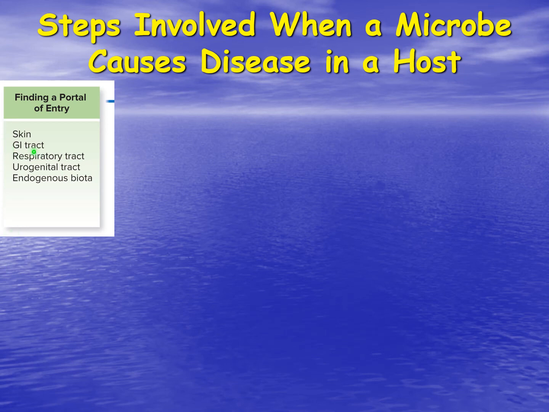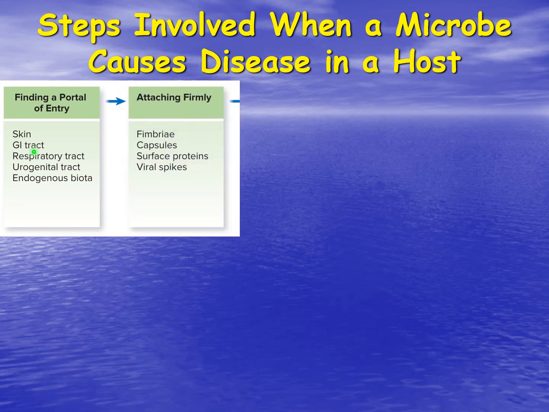They can, however, enter the body through any open orifice. Then they have to attach or adhere. They can do this by using fimbriae, the capsule, surface proteins, viral spikes on the virus capsid or envelope. They have to actually sit down on a surface within the body.